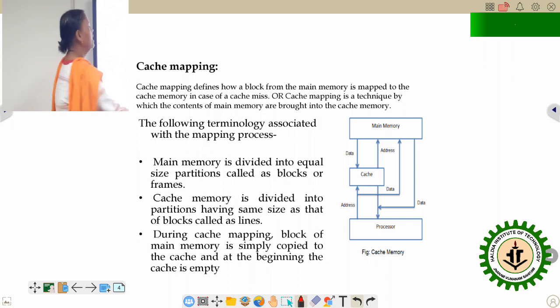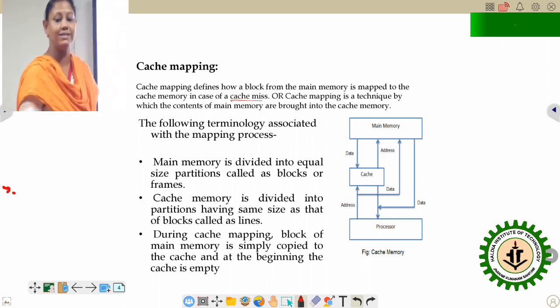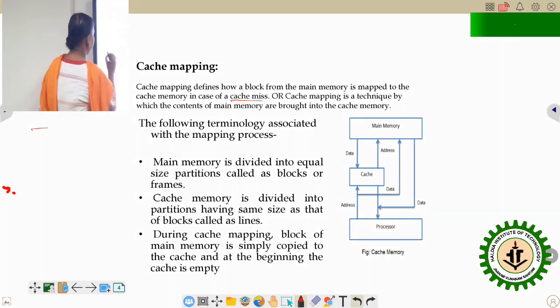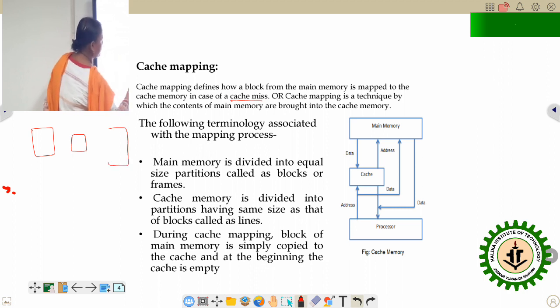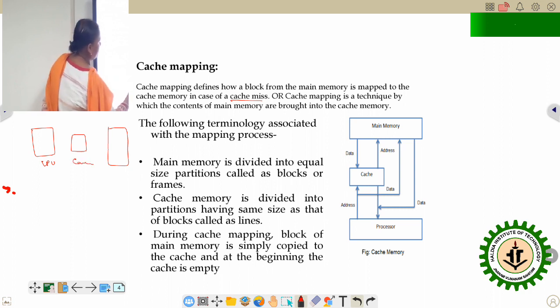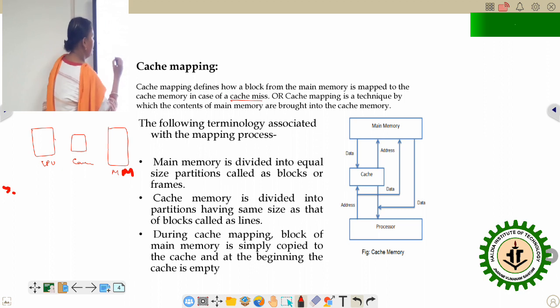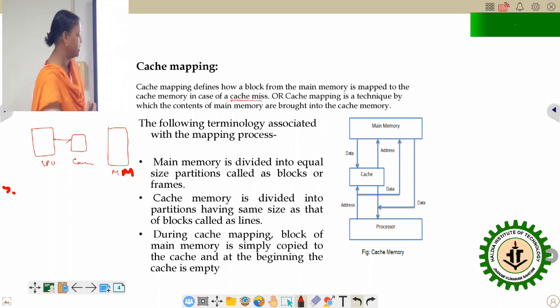Now what does it mean? Miss is the term I used here, that is the cache miss. So what is a cache miss first? If I draw the same diagram, it is the CPU, the execution unit, this is the cache, and finally this is the main memory. What is a cache miss? Every time an execution is conducted, the CPU at first searches the cache memory for the data.